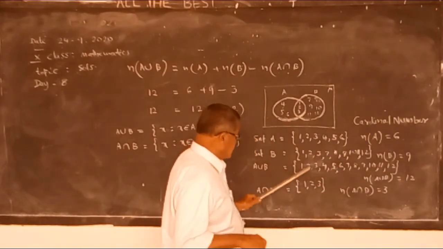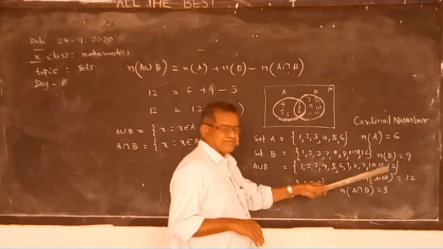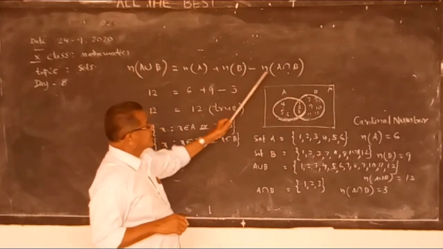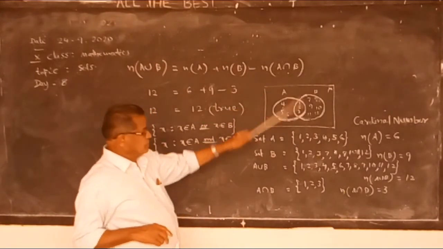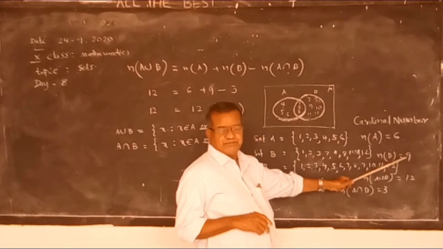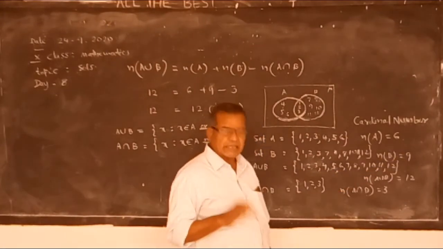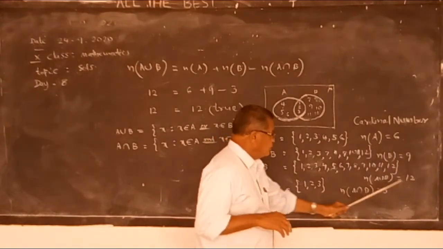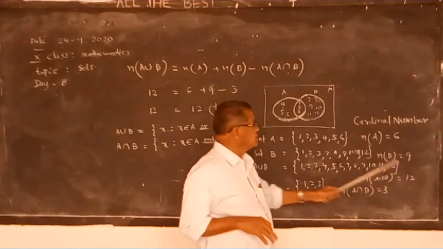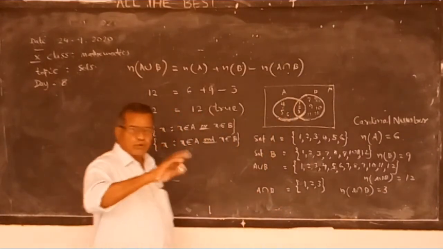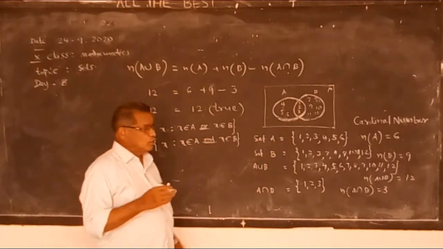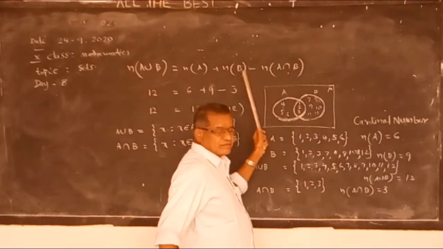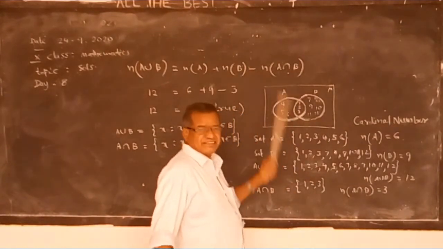Because 3 elements are common. That's why we are eliminating, we are subtracting. 6 plus 9 is actually 15. There should be 15 elements. But why in A union B only 12? Because 3 elements are common in both. So we are taking 1, 2, 3, 3 elements we are removing. That's why we are putting minus.